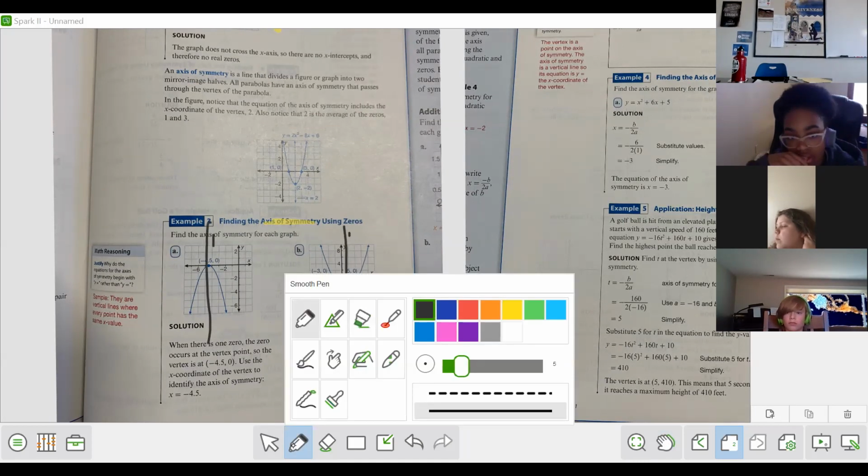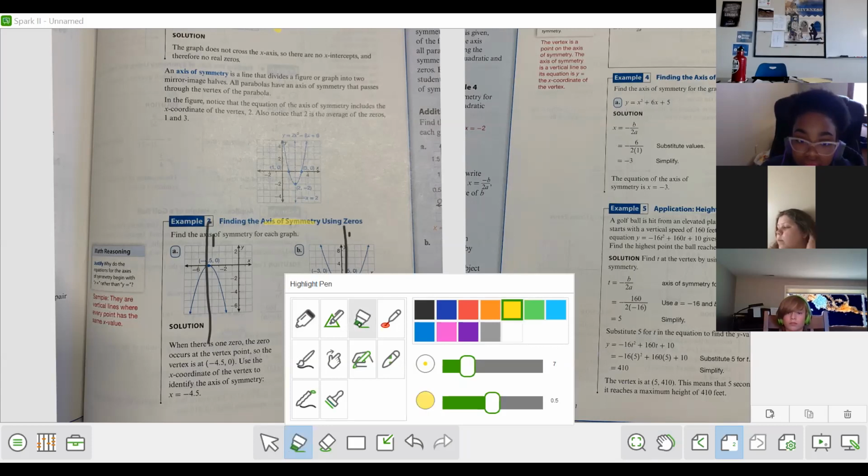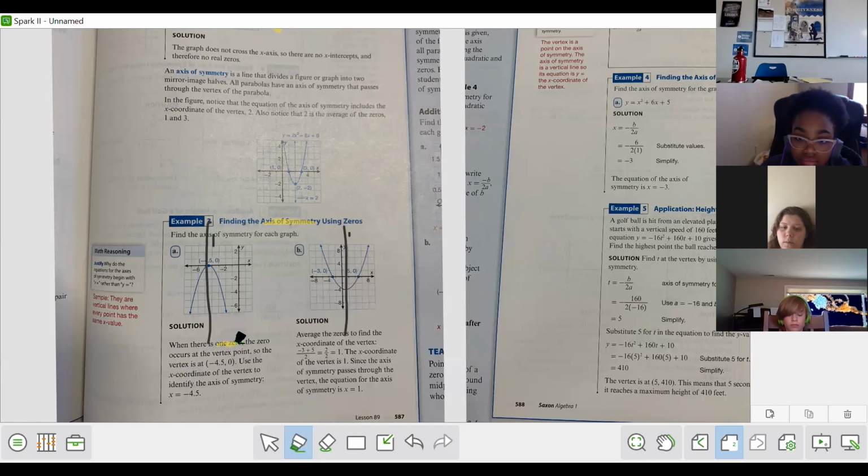What helps is if there's only one zero, if it only crosses the x-axis in one spot, then where it crosses is the vertex, and where it crosses is the axis of symmetry.